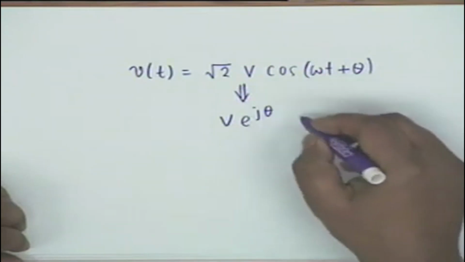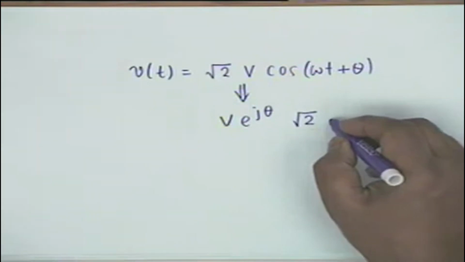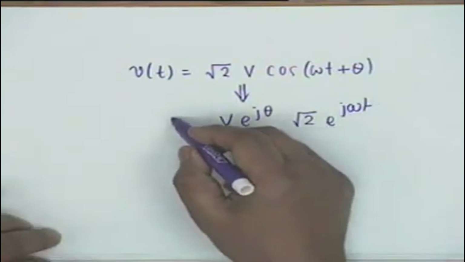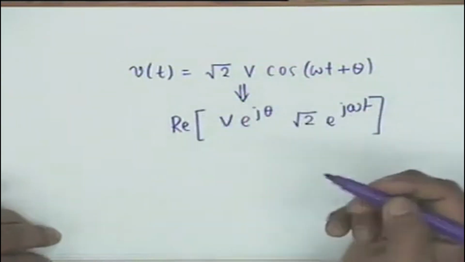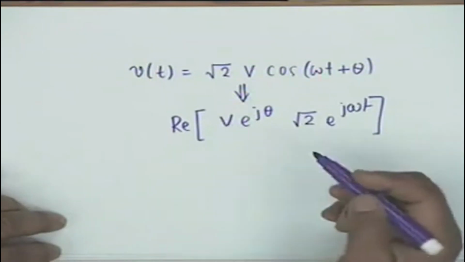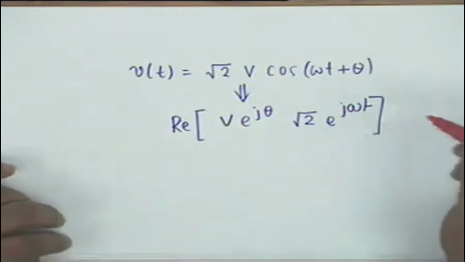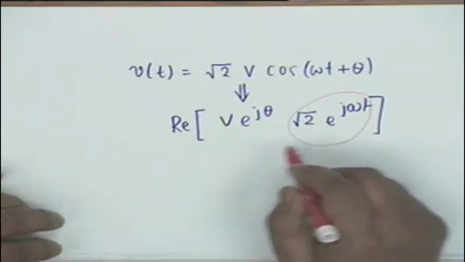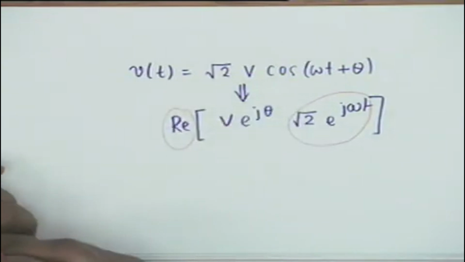The cosine omega t and root 2 is taken care of by root 2 e to the power j omega t, and we take the real part of this. Since all currents and voltages in this circuit shall contain this factor, we decided to ignore it, and we also decided to ignore the real part.